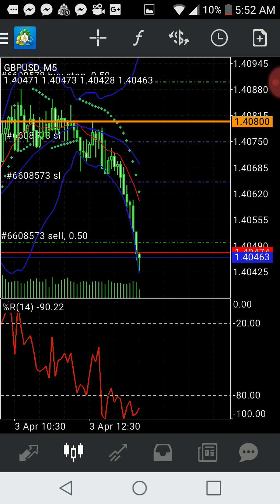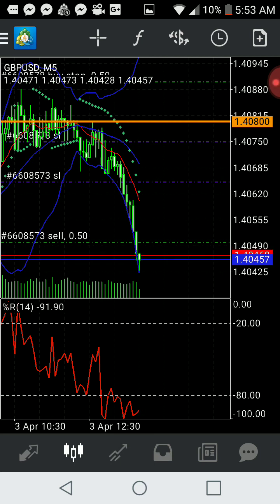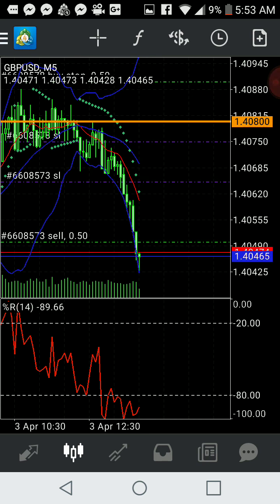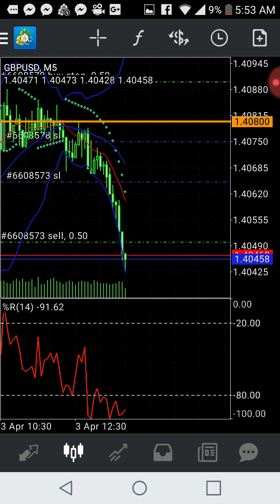Now, back to what we're looking at as far as not letting a winner turn to a loser. Well, we've dipped hard or lightly into this pound dollar trade. Yes, we have. Now, to practice what I preach, especially right now, I can't just jump in and take a stop loss and put it in because we are actually very, very close to the entry point.